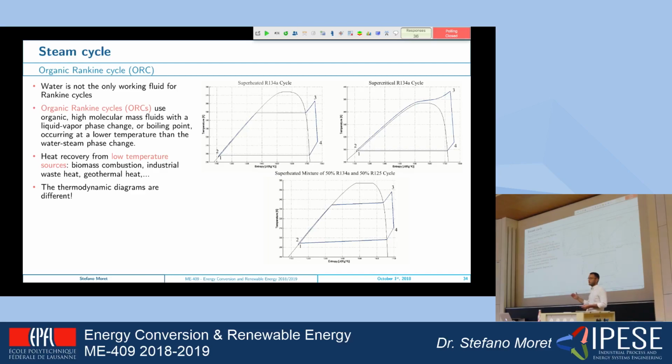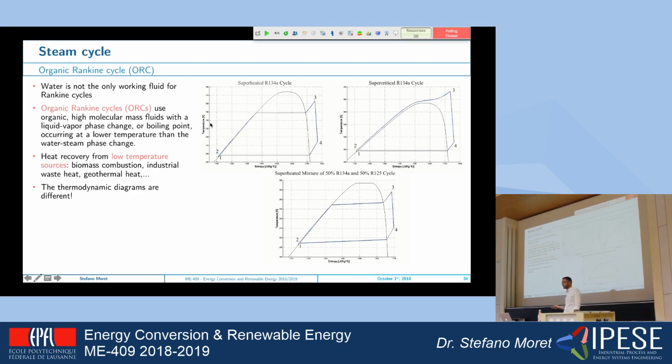This allows you to recover heat from low temperature heat sources for which the boiling point of water would simply be too high. So normally when we have geothermal applications, heat recovery in cement plants and these other applications, you use organic fluids and this allows you to recover the heat at lower temperatures.